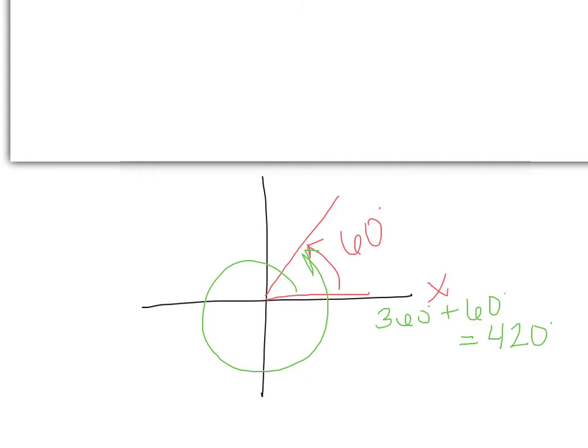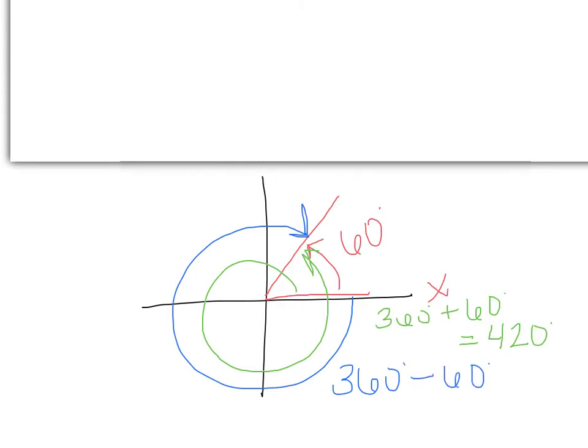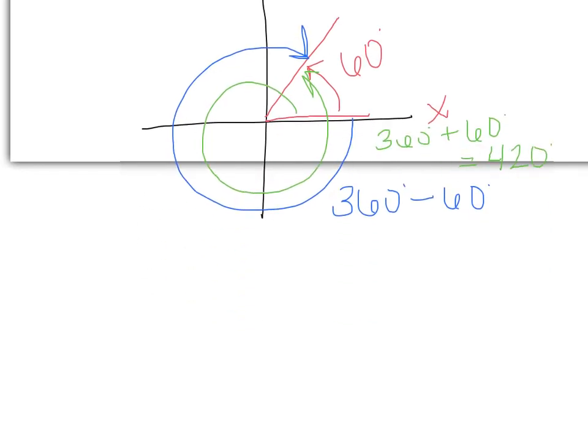Instead of making another round, we could go the complete opposite direction. We could go in the negative direction and end at that same terminal side. So now I've swung almost a full circle, but I'm short 60 degrees. So that would be 360 degrees minus that 60 degrees, which would leave me with 300 degrees.